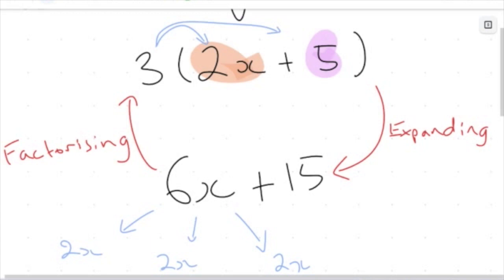This is the main idea that we're talking about today, the opposite nature of factorizing and expanding. Understanding this is going to get you a long way in terms of factorizing expressions in this course.